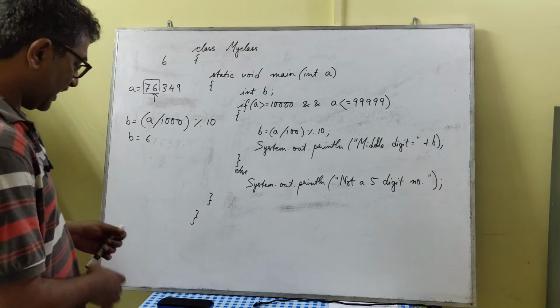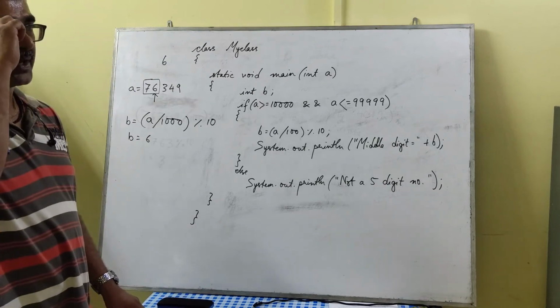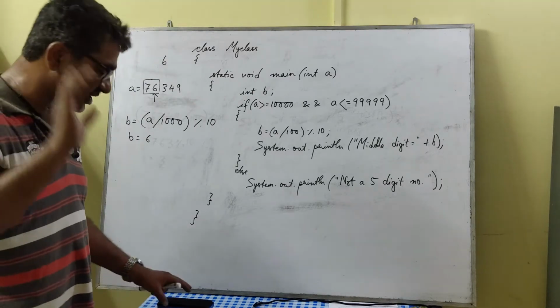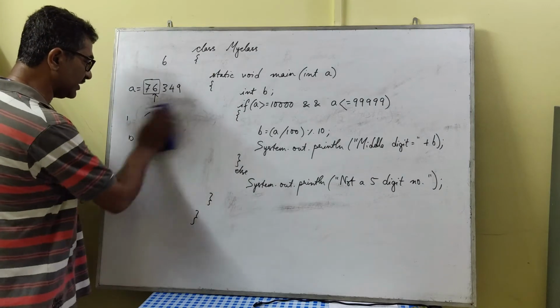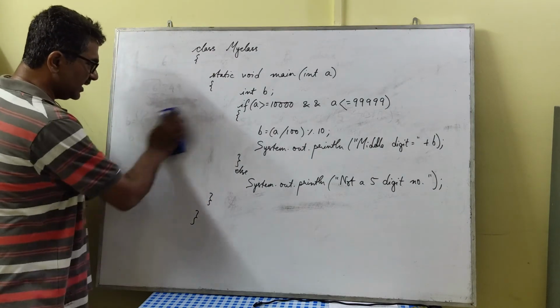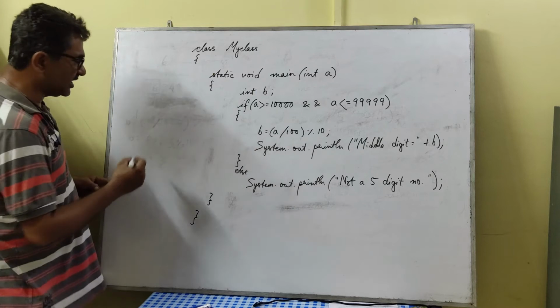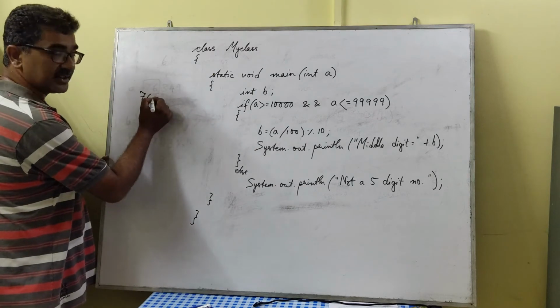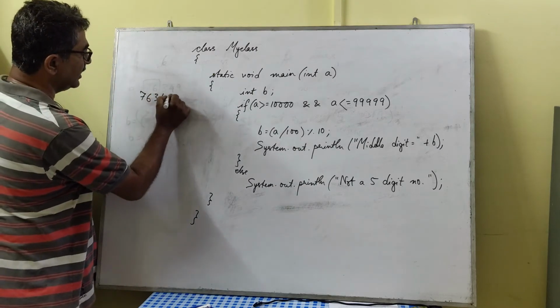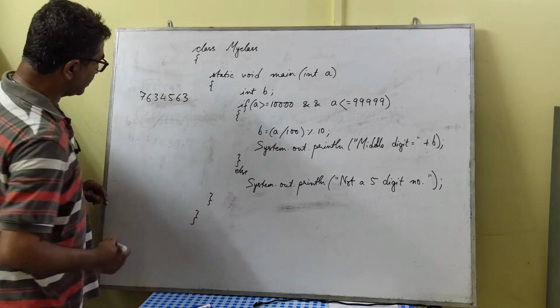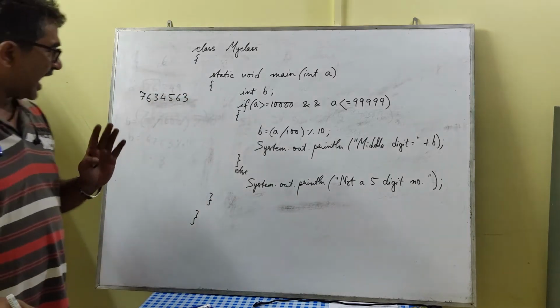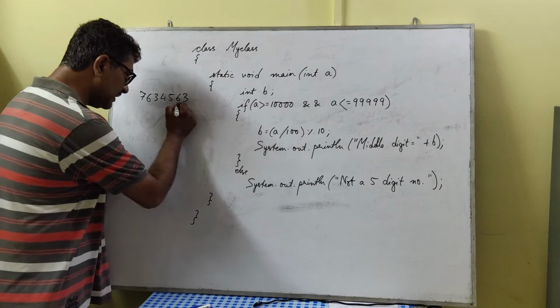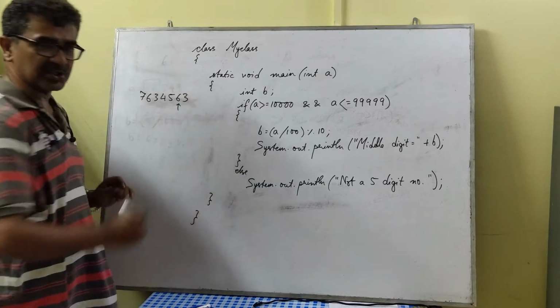Now similarly, say for example, I am supposed to print the second last digit of a 7-digit number. Let's try to understand how we do it. Suppose we take a 7-digit number. Let me randomly write a number. So this is a 7-digit number, and I want to extract the second last digit of that number.